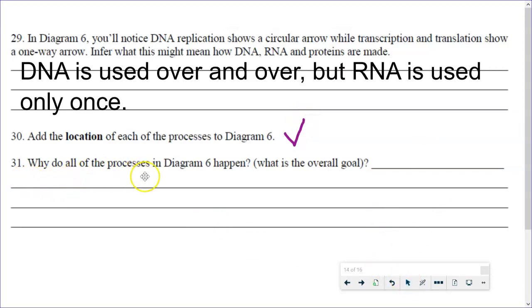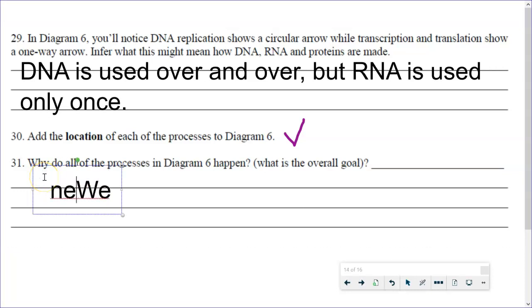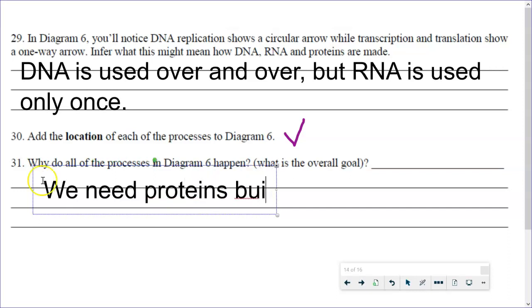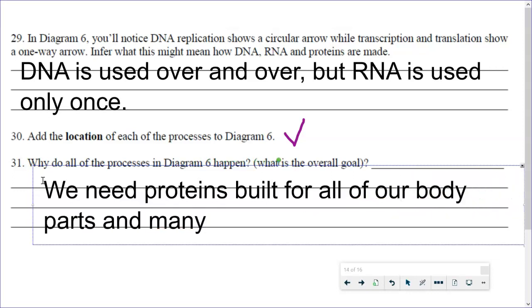Then, why do all these processes in diagram 6 happen? What's the goal? The goal is to build proteins. So we need proteins built for all of our body parts and many chemicals our body uses.